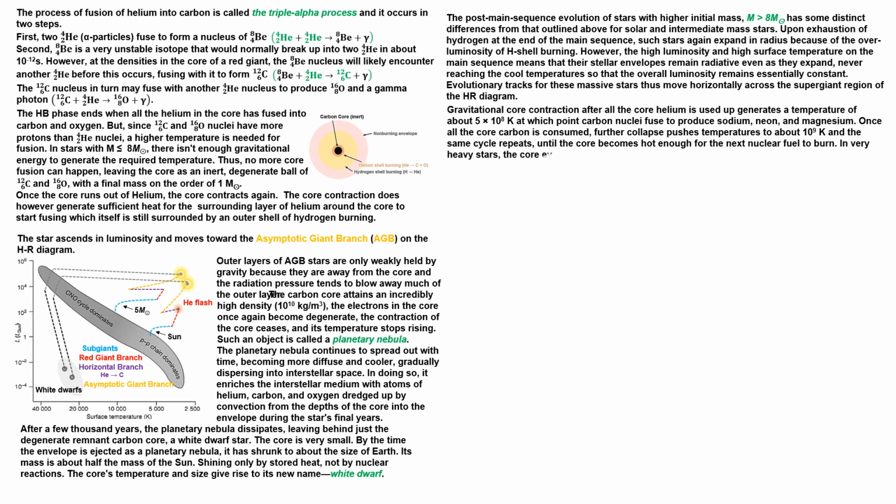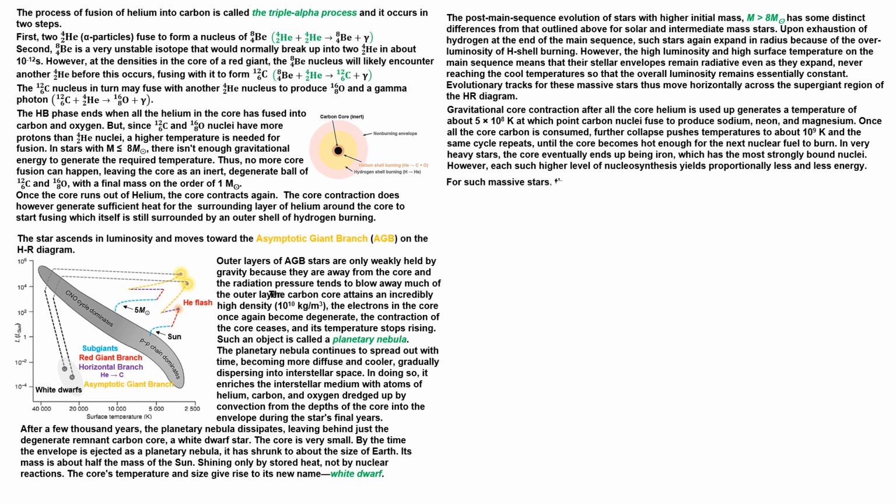In very heavy stars, the core eventually ends up being iron, which has the most strongly bound nuclei. However, each such higher level of nucleosynthesis yields proportionally less and less energy.